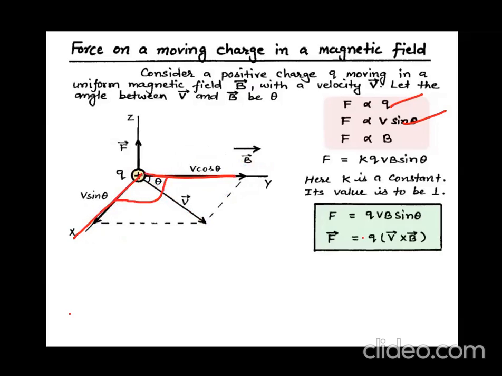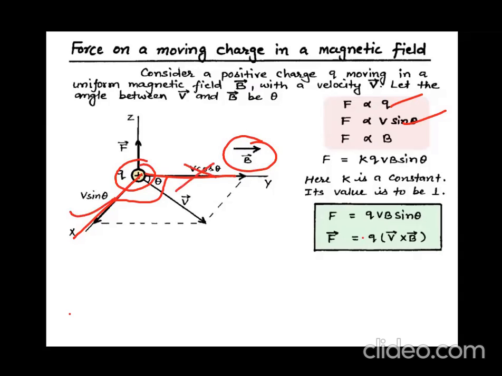This is the component which is going to produce the magnetic field in the moving Q charge, which will be interacting with the external magnetic field. ये plus Q charge जब move करेगा तो इसकी खुद की magnetic field होगी, and उसकी जो खुद की magnetic field होगी, that will interact with the external magnetic field, and when it interacts, magnetic force is produced. So magnetic force is only produced by V sin theta, which is perpendicular to the external magnetic field.